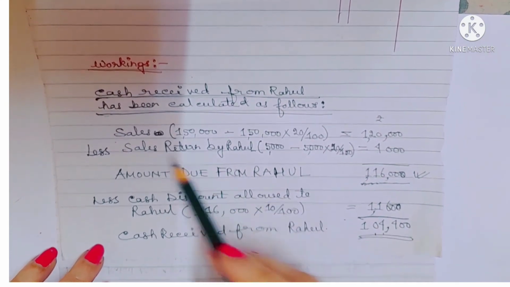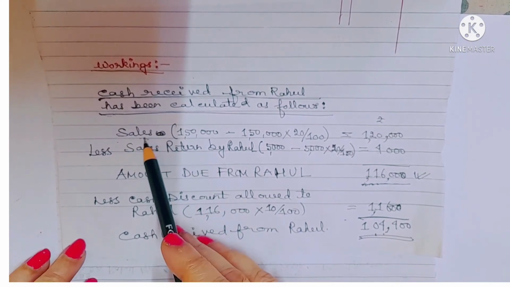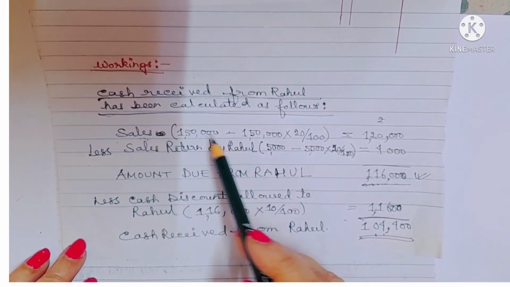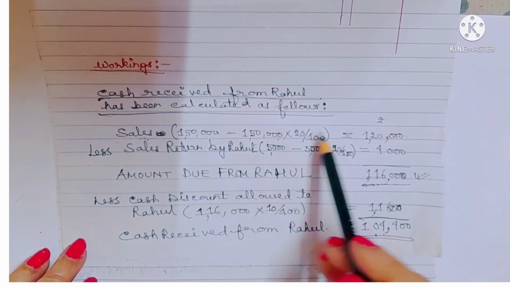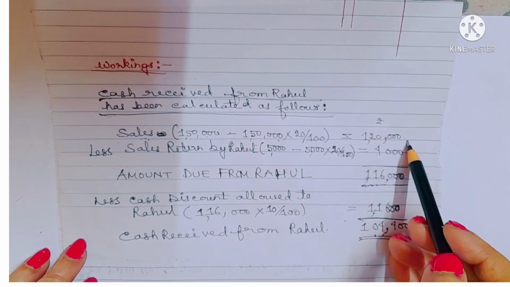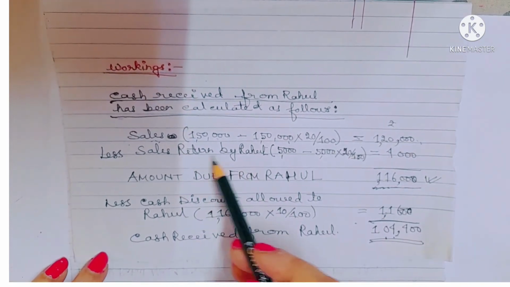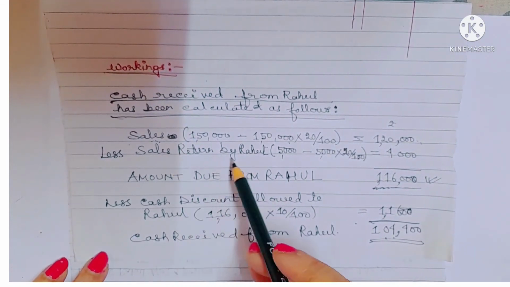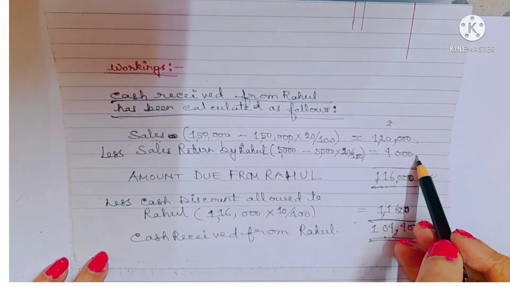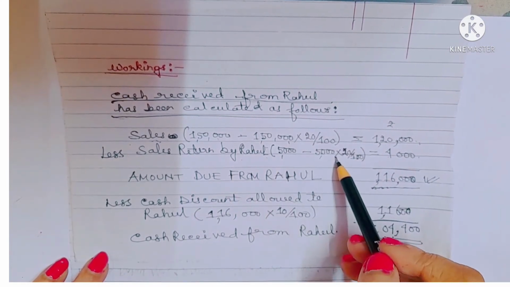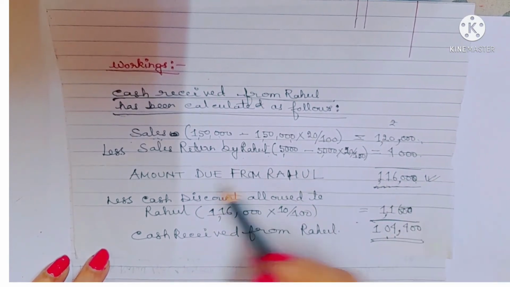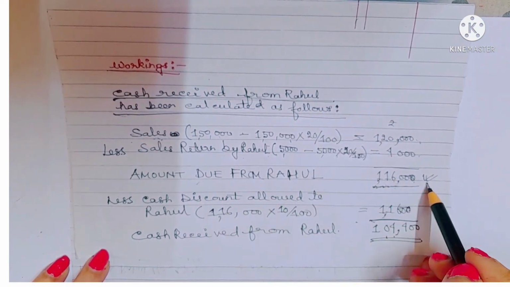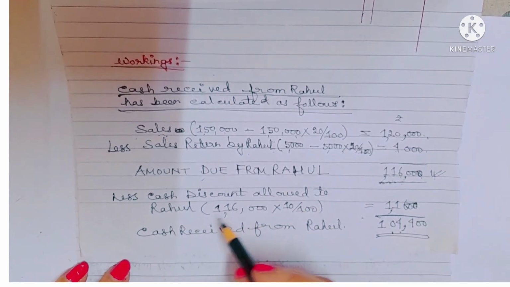See, goods sold 1,50,000, list price minus trade discount, 1,20,000. Goods sold to Rahul at 1,20,000. Goods returned by Rahul, 4,000 after deducting trade discount from list price. So it comes to 1,16,000. Amount due from Rahul, 1,16,000. Okay. But Rahul is also getting cash discount.